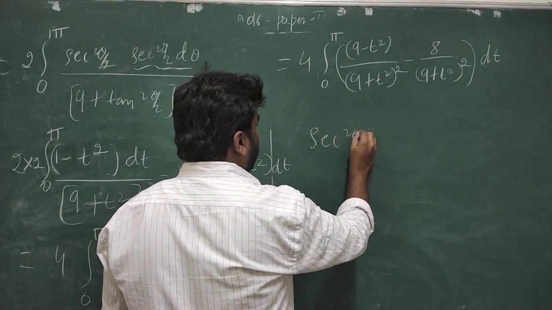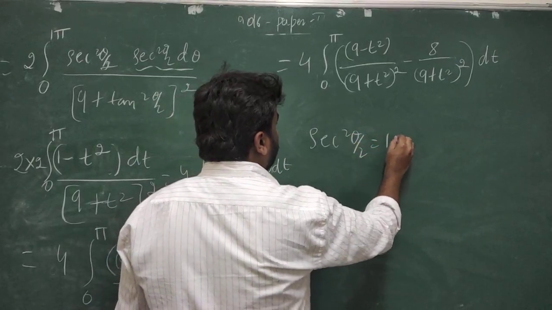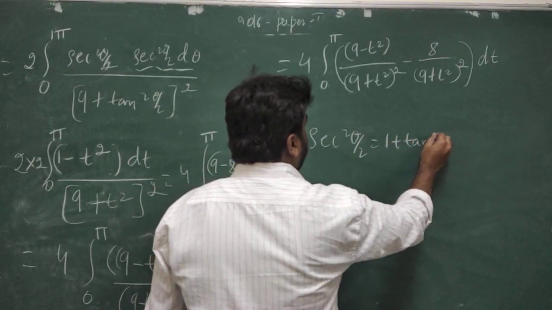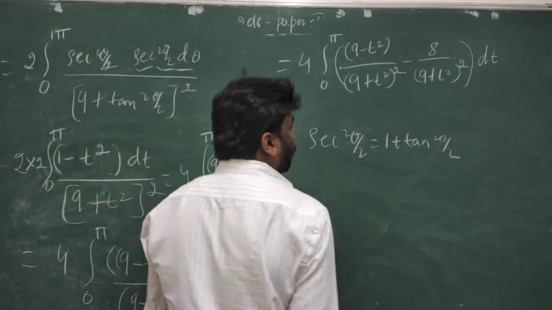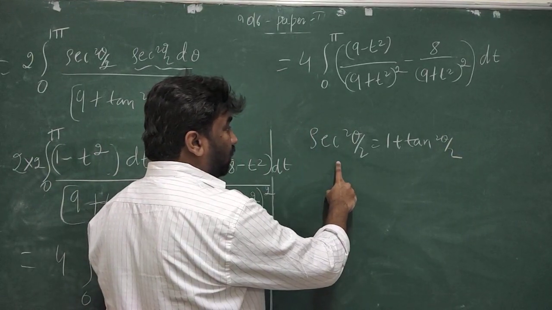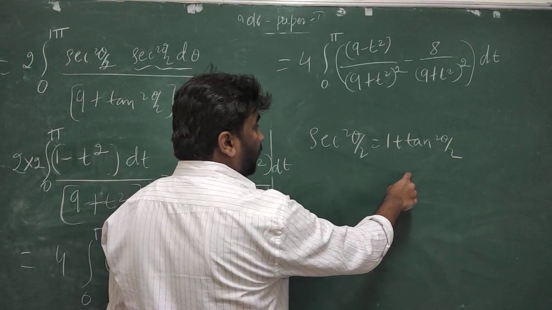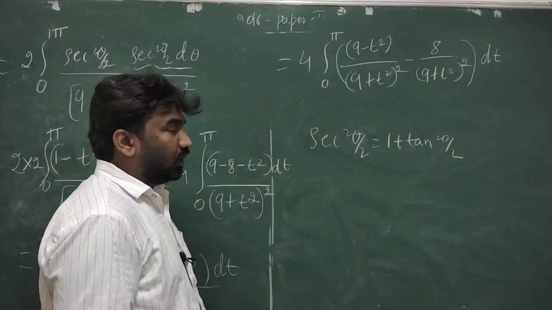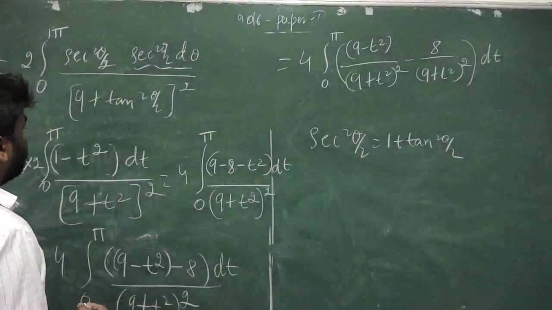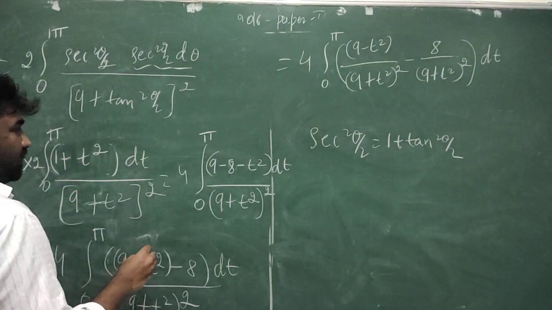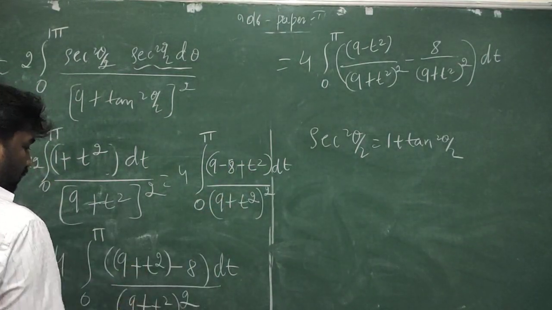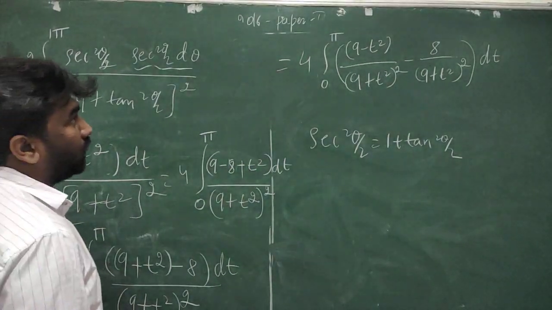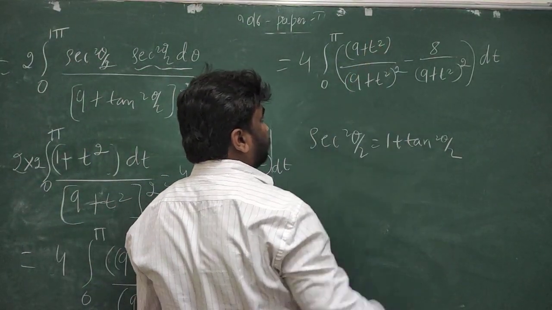Secant square theta by 2 is equal to 1 plus tan square theta by 2. Why? Because secant square theta by 2 minus tan square theta by 2 is equal to 1. So then it will be plus 1 by t square, and this is also plus.